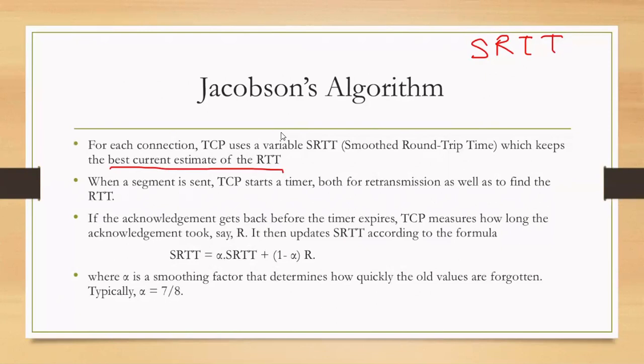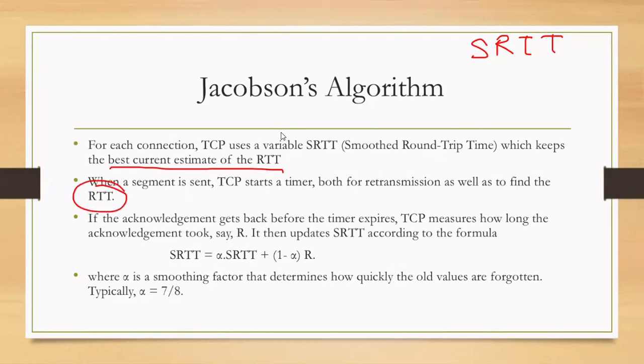So how do we find this? When a segment is sent, TCP will start a timer, just like the RTO. It starts the timer for retransmission as well as to find out the RTT. So the timer is not only for the timeout period to trigger retransmission, but also to find out the estimate of the RTT. What is the RTT it is recording at this point of time?